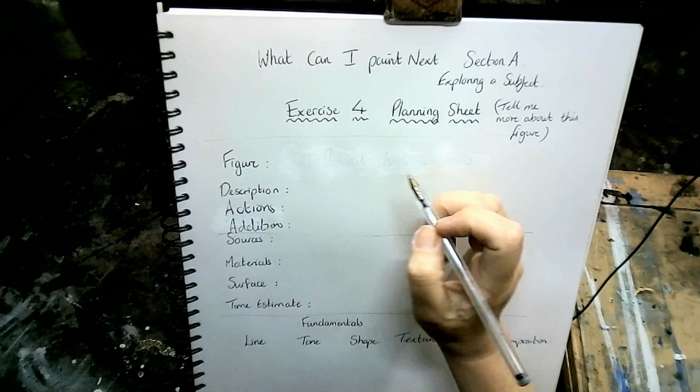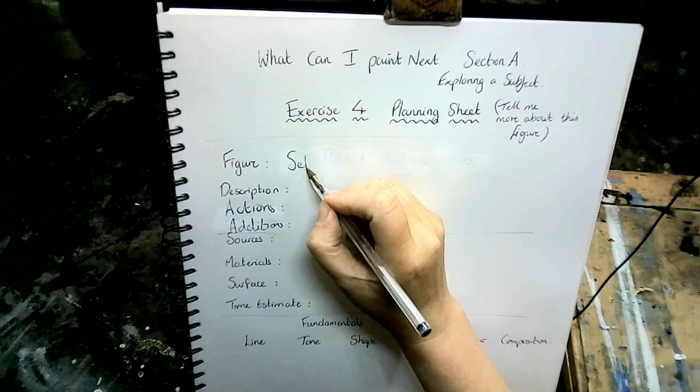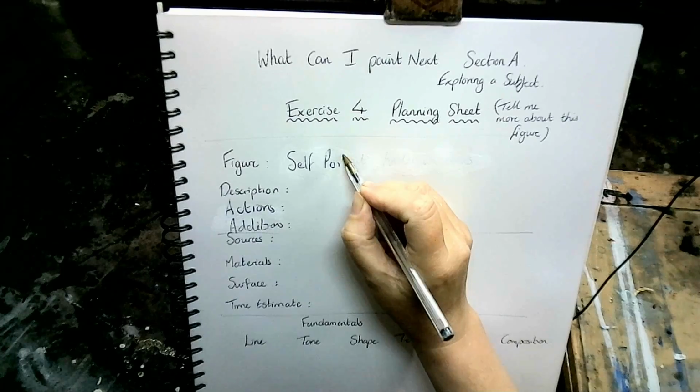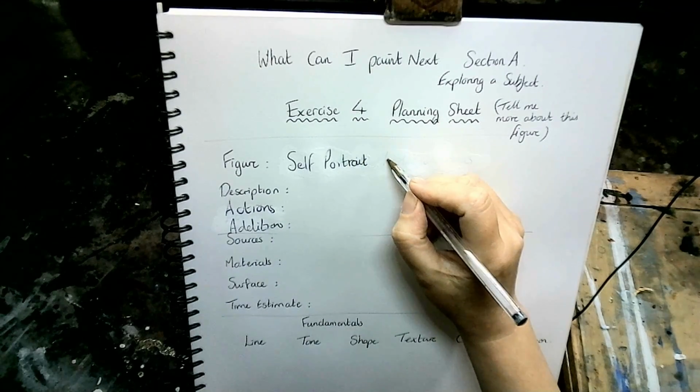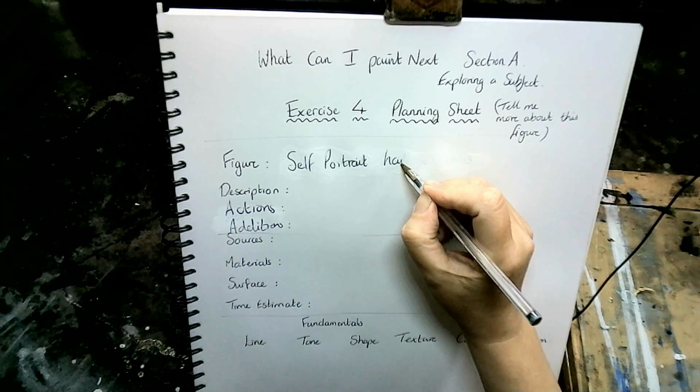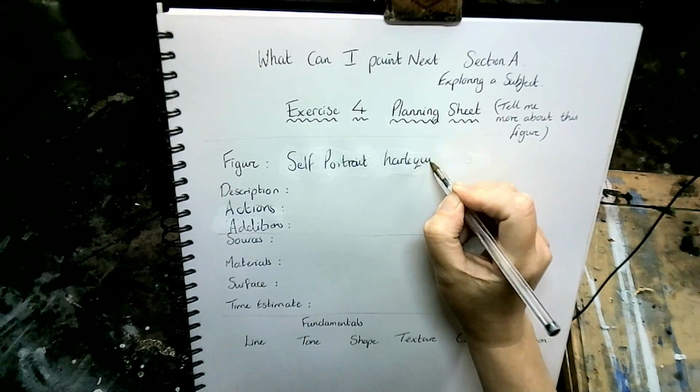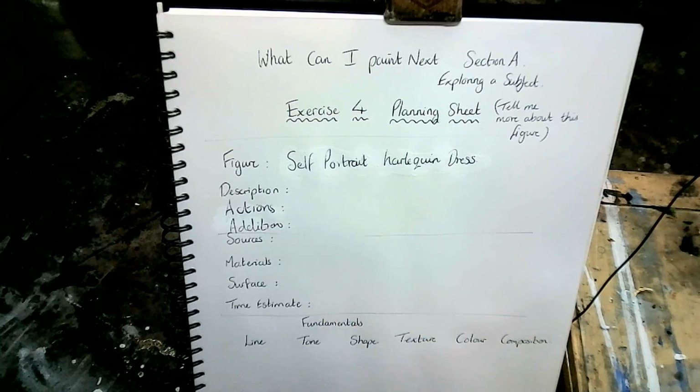Okay, first thing, figure. It's going to be a self-portrait. And what I'm also going to write here is that I'm wearing the Harlequin dress, because that is quite an important part of the image. Description.